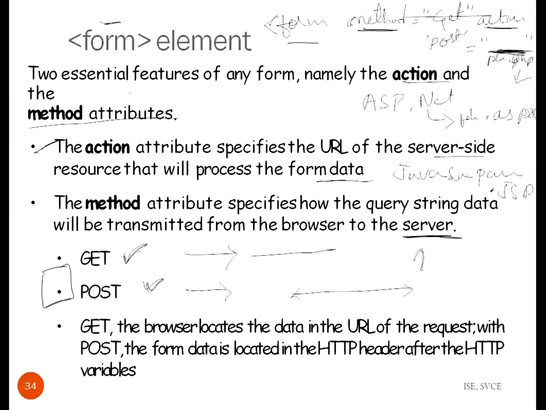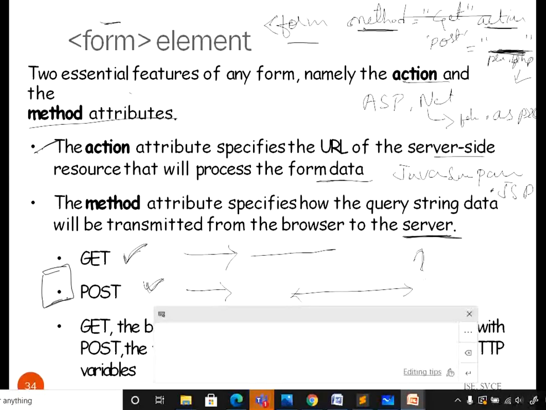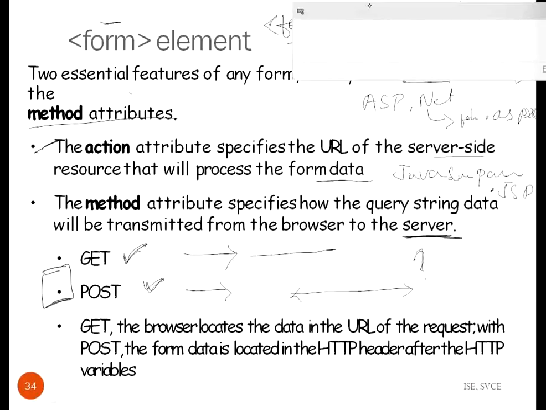Okay, we'll go in detail about the get and post methods. What is the get method? How is the data carried using the get method? Whenever the form's method attribute is specified as get, the browser places the data in the URL of the request. Whatever data you entered in that particular form, either username, password, everything, will be carried through the URL.